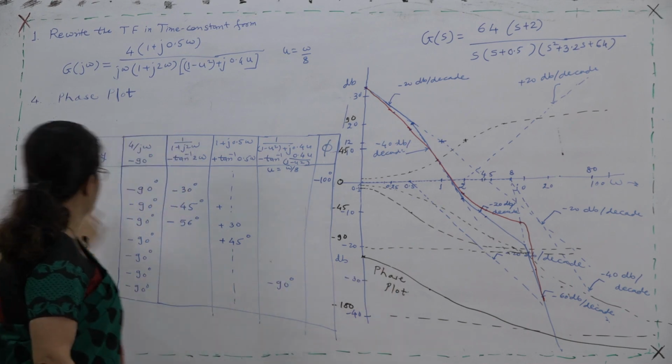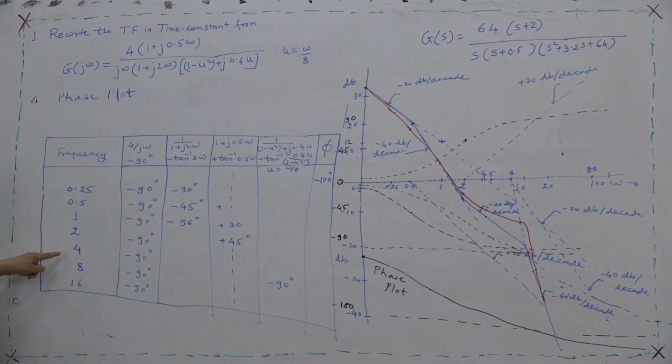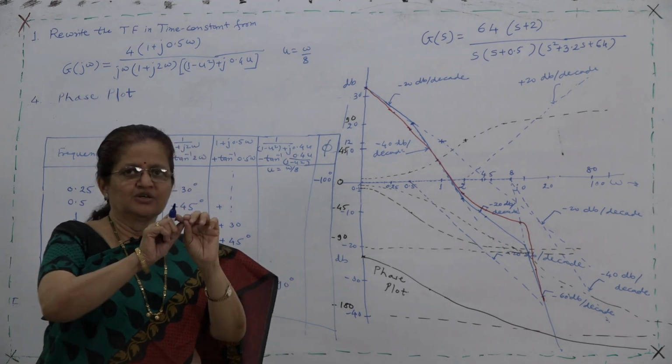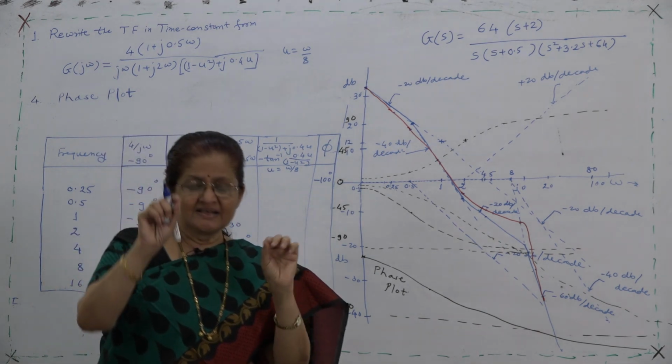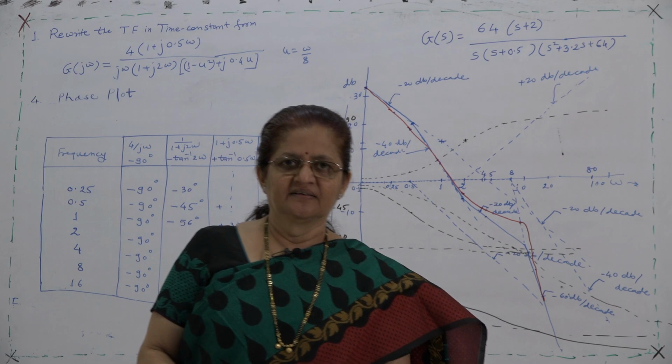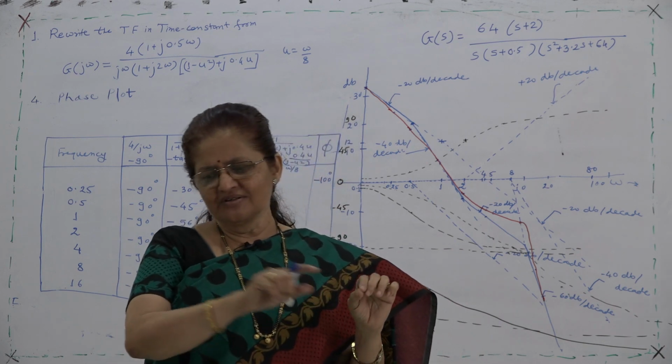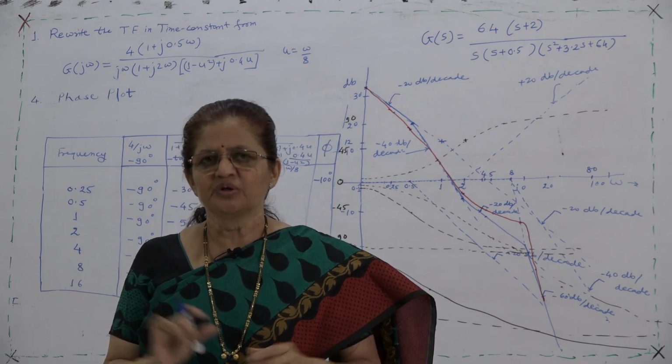So, like that you will get 1, 2, 3, 4, 5, 6, 7. 7 points are there, 7 frequencies are there. So, for those 7 frequencies you find out the exact value for the phase angle. So, 7 points are in your hand, you draw a smooth curve for that, that is your phase plot.